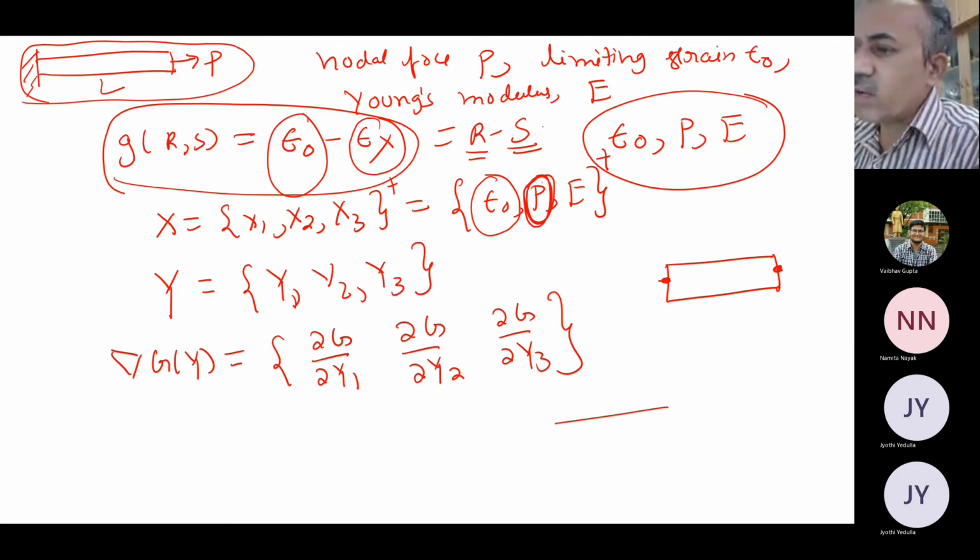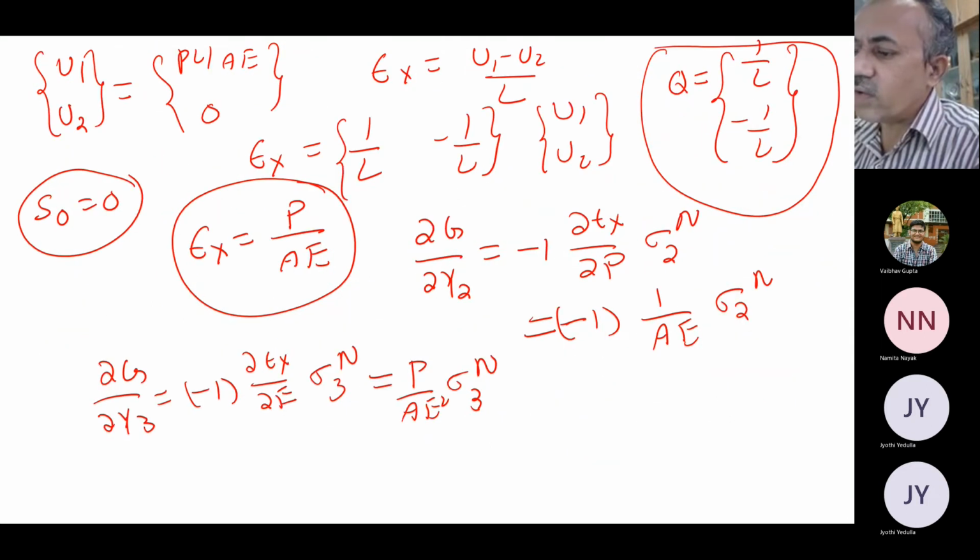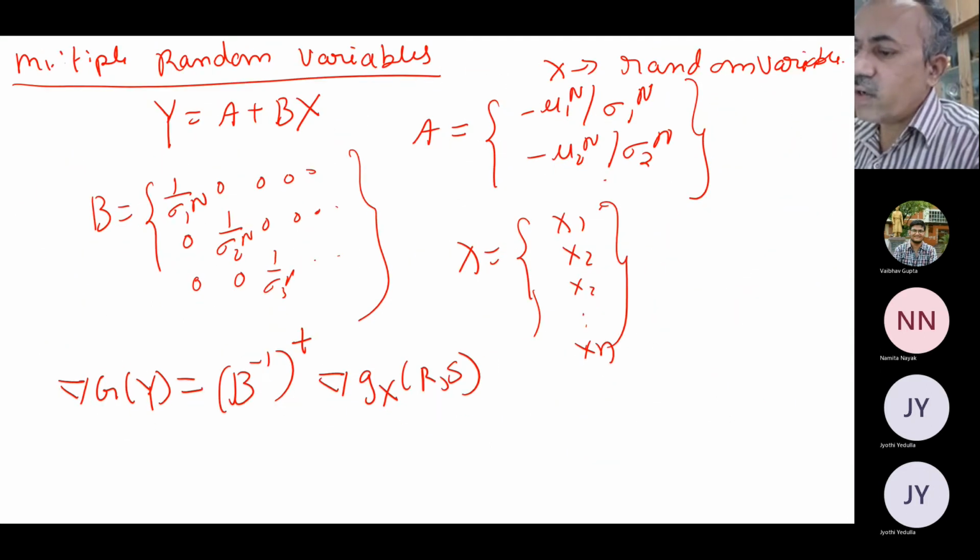We are just using the chain rule of differentiation, okay? If you know the chain rule, then you can easily find the derivative. Last class we did dG by dY1, dG by dY2, Y3, how to find these derivatives. So if you know how to find the derivatives, then it is straightforward.